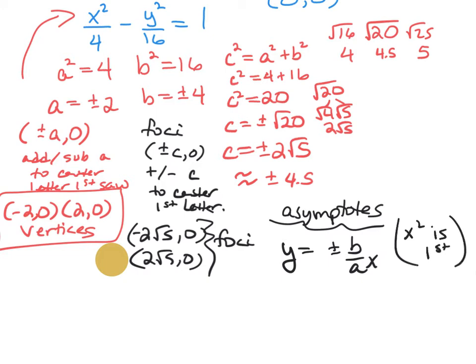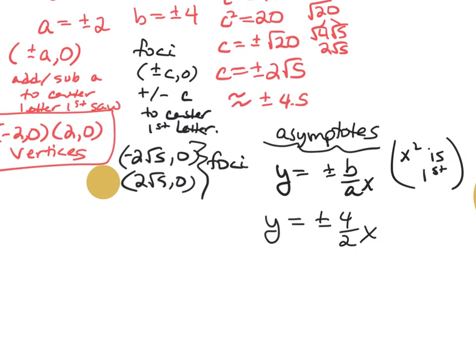We already have our a and b values, so I just plug it in. Y equals plus and minus 4 over 2x. B is 4 and a is 2. I can simplify this, and it's y equals plus and minus 2x.